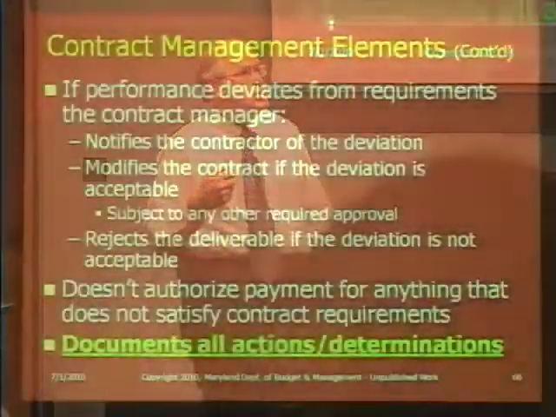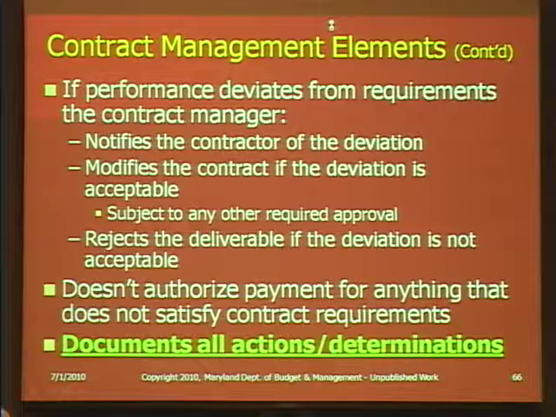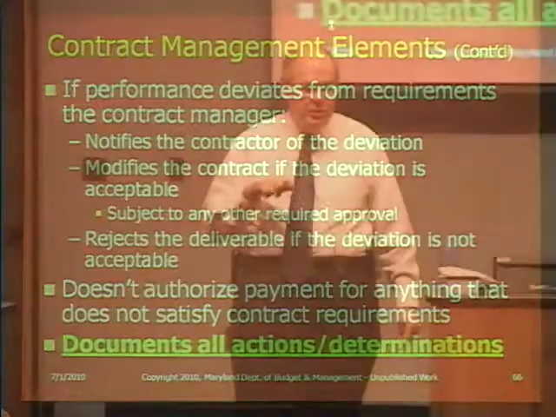And if performance deviates from the requirements, the contract manager notifies the contractor of the deviation. Sometimes the contractor should know it. Sometimes if it's simply shipped in and then there's an invoice that comes in, the people doing the invoice may not know whether what was shipped was correct or not correct.